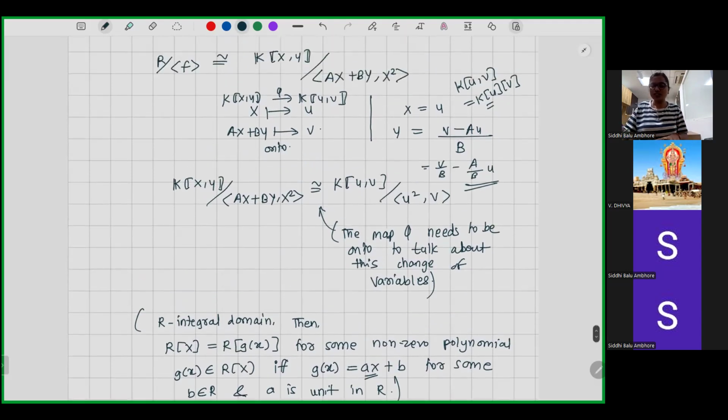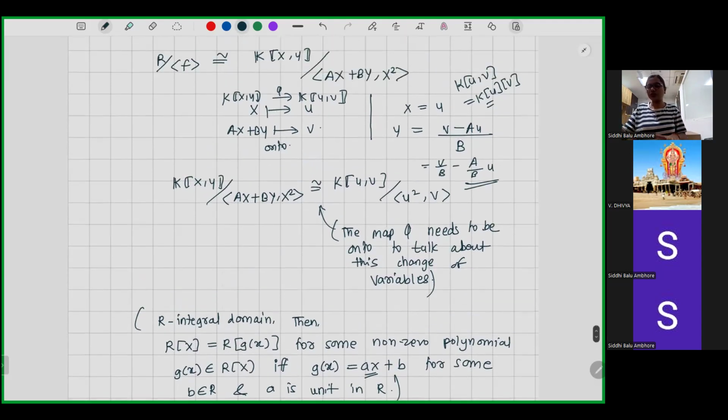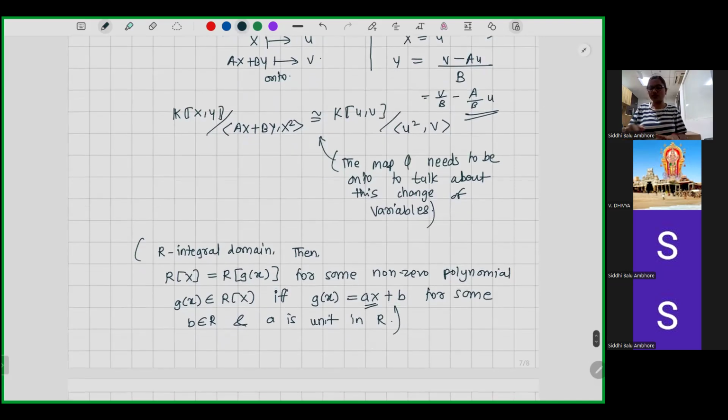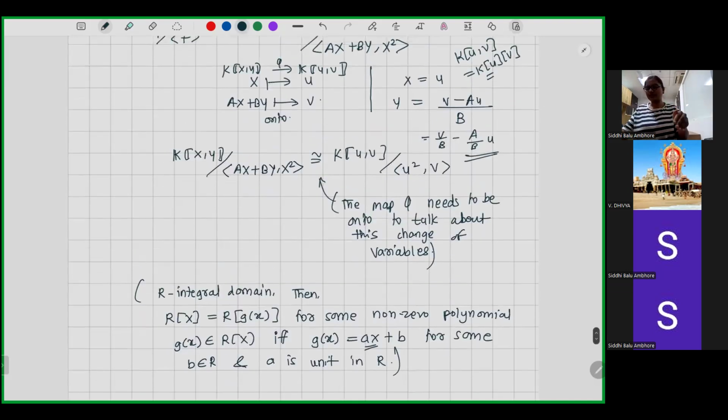Okay, so we don't need to do all this, and just by using this expression here, we can conclude that this map is onto, and this parameterization is valid, and so on. Is this okay?